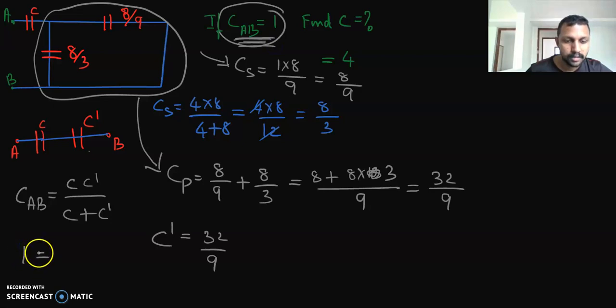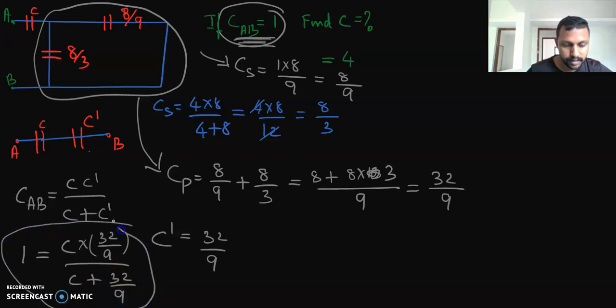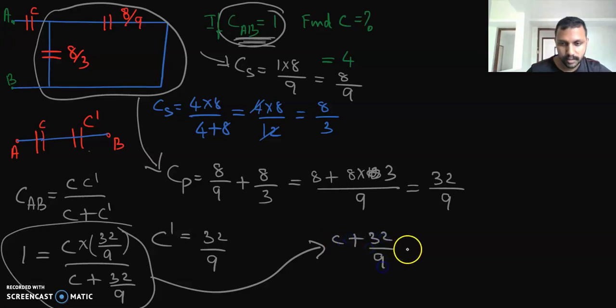CAB is 1, which is equal to C into 32 by 9 divided by C plus 32 by 9. We are getting an equation like this, and if we simplify it further, C plus 32 by 9 is equal to C into 32 by 9. Then let's take the terms having C to this side.